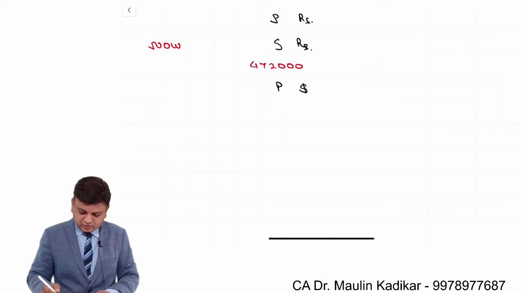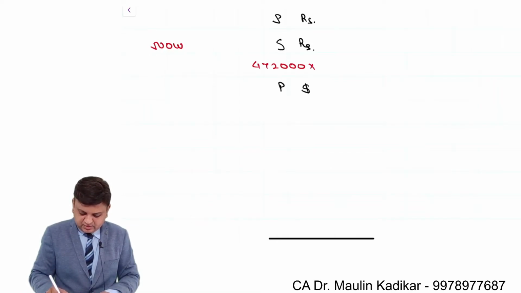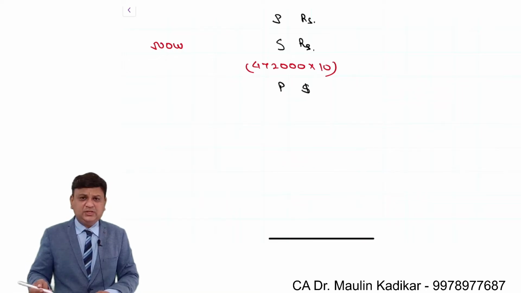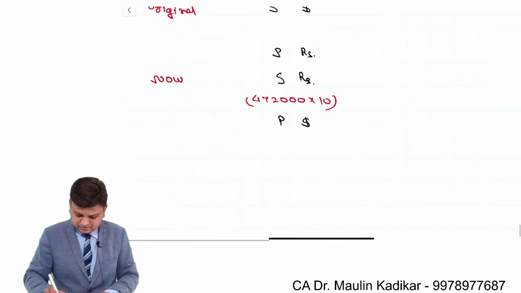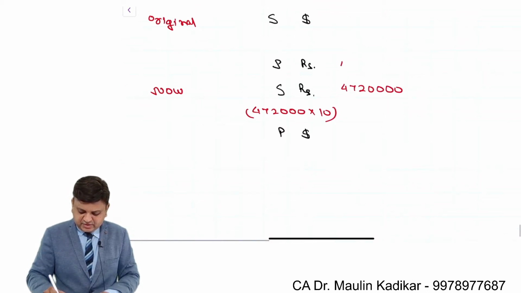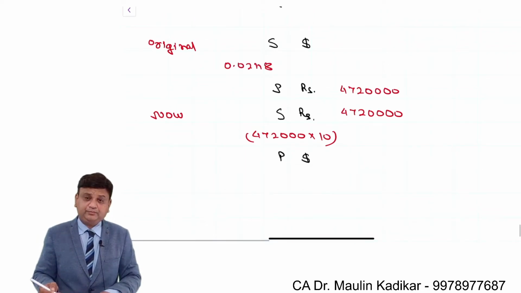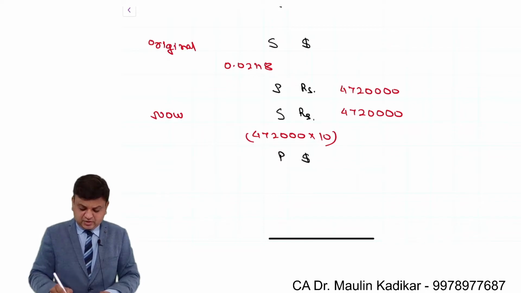So 4,72,000 into 10 is the number of contracts, so of course it is 47,20,000. This is again 47,20,000. 0.02118 was the rate at which the contract was entered upon initially.